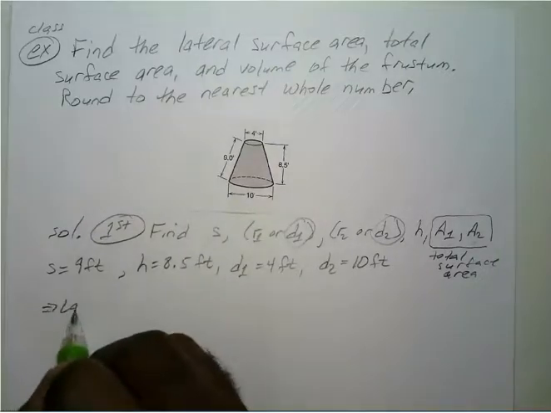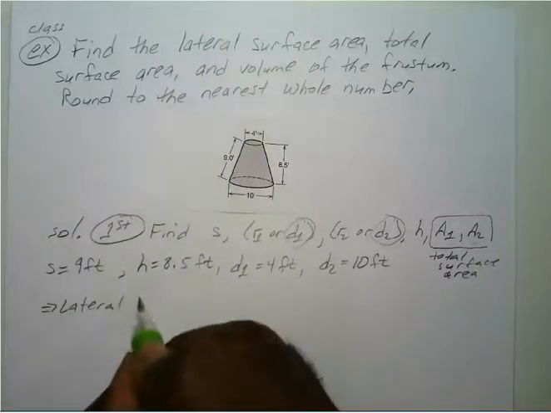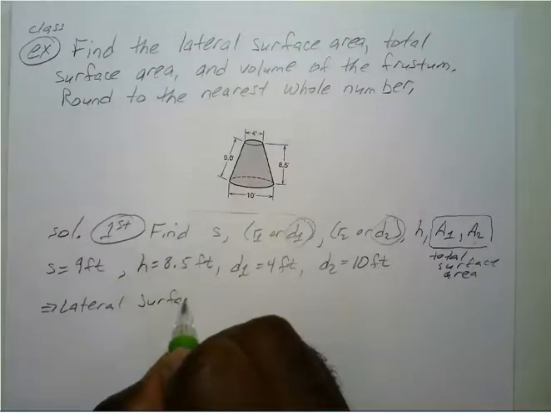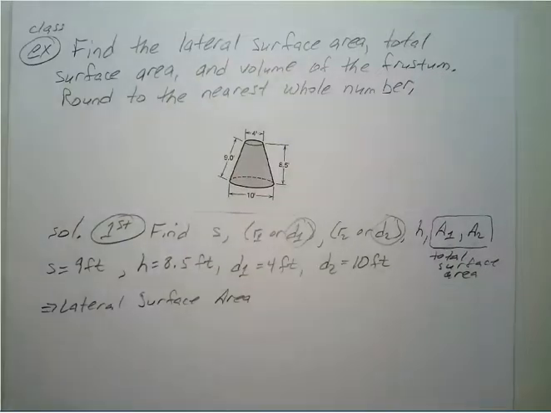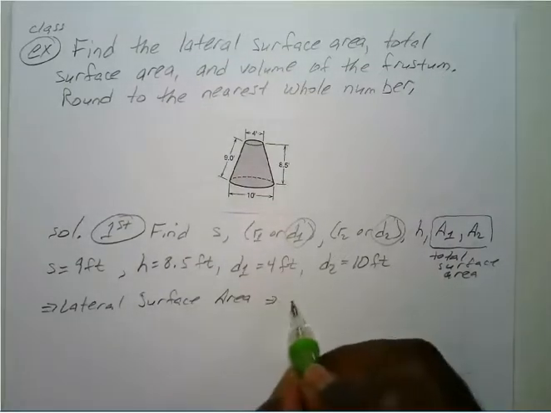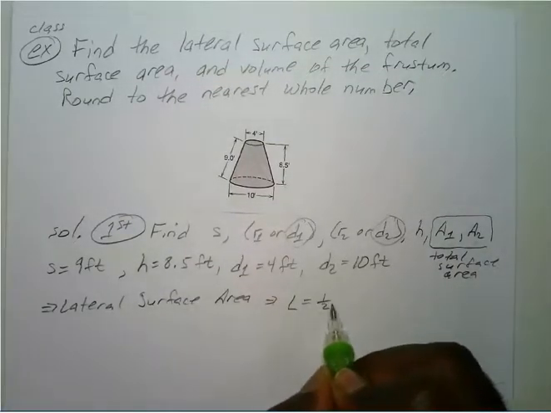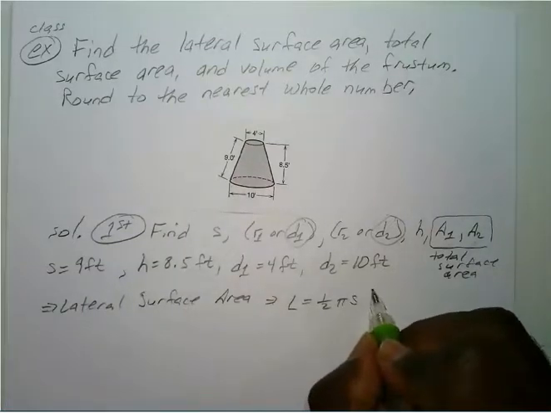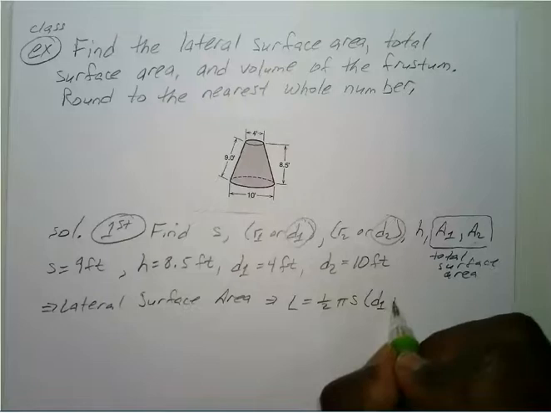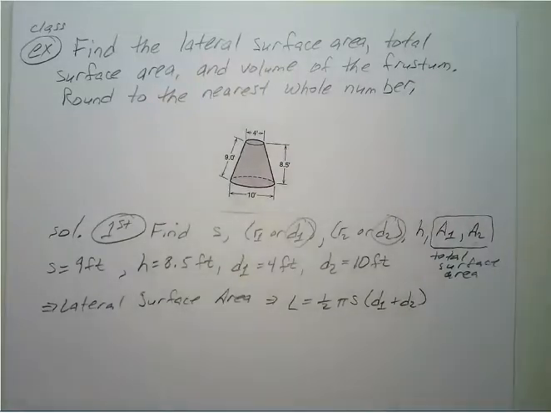So our lateral surface area, okay, we know that L is equal to 1/2 times pi times the slant height times D1 plus D2, since we know our diameters.